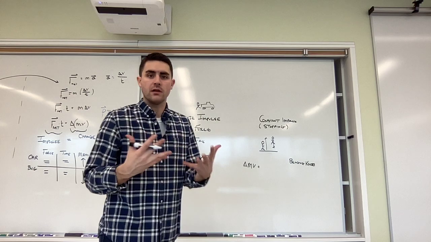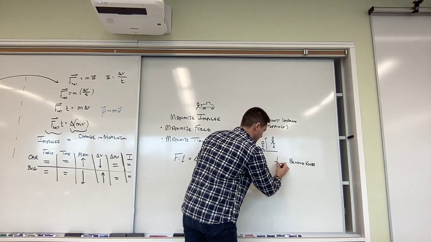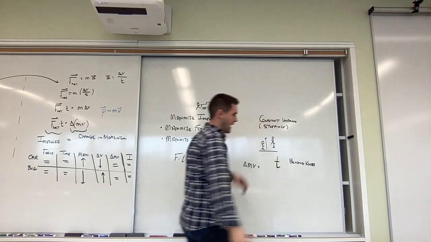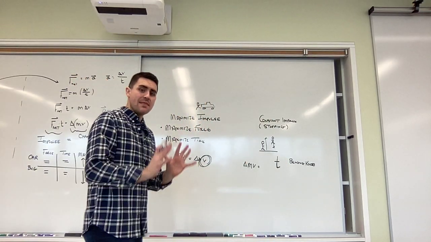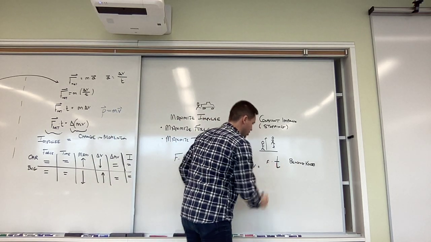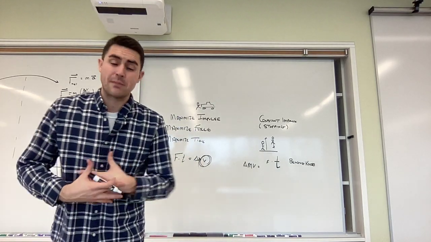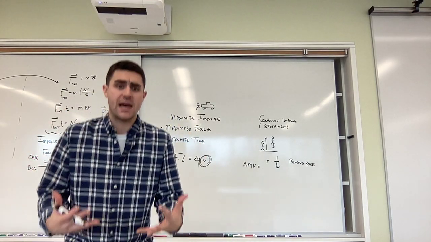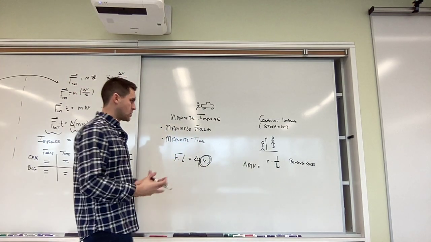I'm absorbing the landing with my knees. What that means is when I think about the impulse, I am increasing the amount of time. And because I've increased the amount of time that I'm bringing myself to a stop, it is going to require a much smaller force to act on me to bring me to a stop. I can use that time and less force to change my momentum to slow me down.